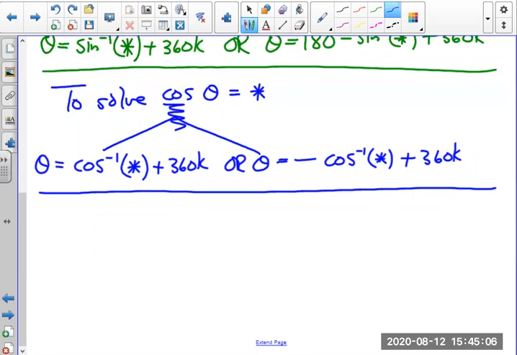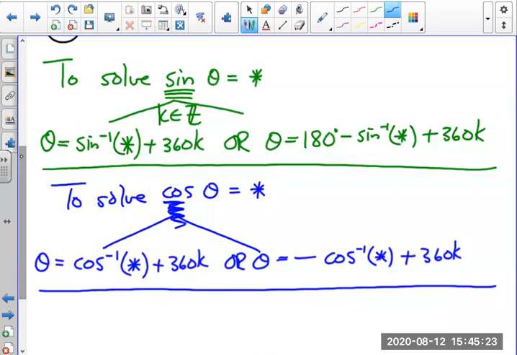Ma'am, on the sine one, why do we start with 180, not minus shift sine?